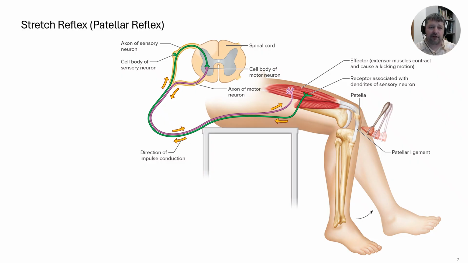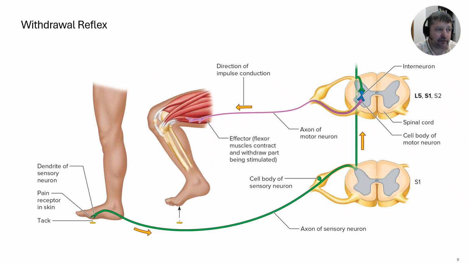Okay, the patella is stretching and it's sending signals back, and then a new signal is sent to that muscle. Contract a little more, relax a little more, this kind of thing. So it adjusts with movement of the body without having to send that signal up to the brain. Okay, look at a withdrawal reflex.